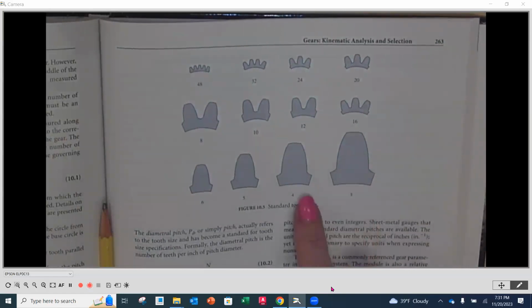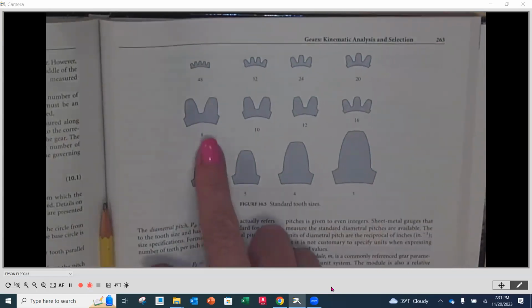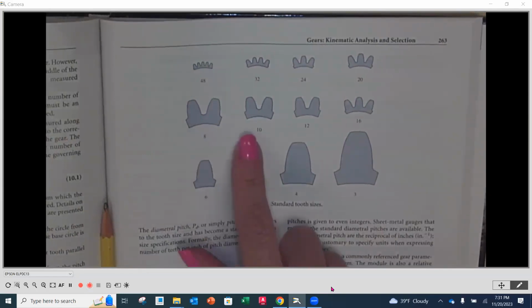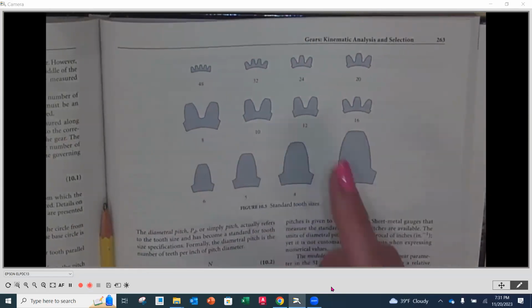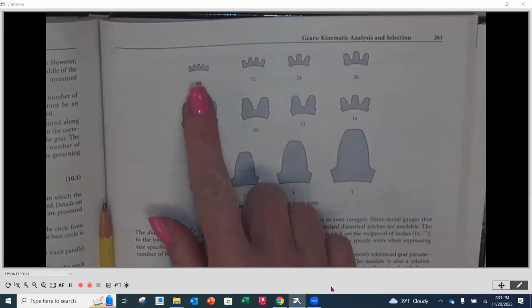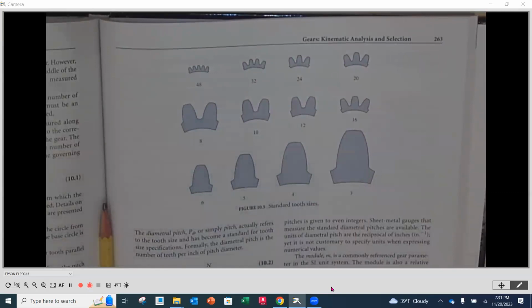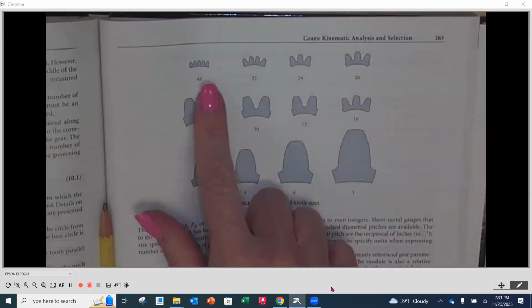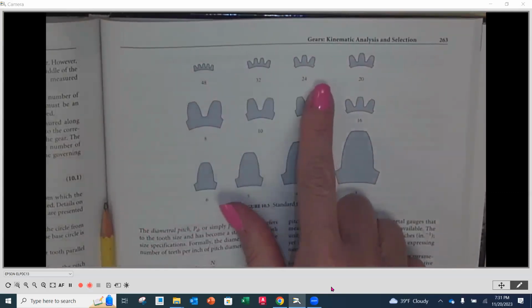We go from 3, 4, 5, 6, then we skip 7, we have 8, we skip 9, and then we have 10, 12, and so on. So there are standard diametral pitches for different size teeth, okay? The larger the tooth, the smaller the number. The smaller the tooth, the larger the number, okay?